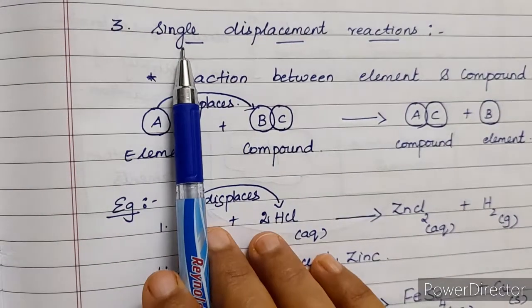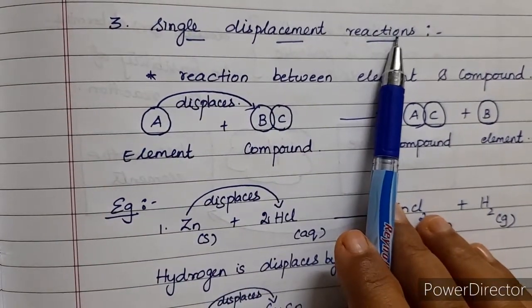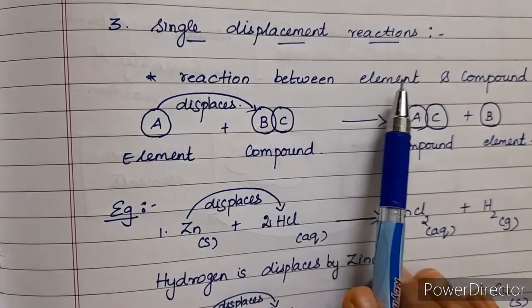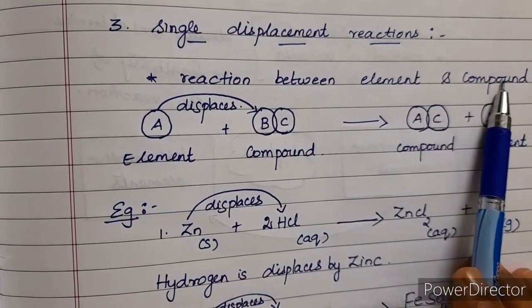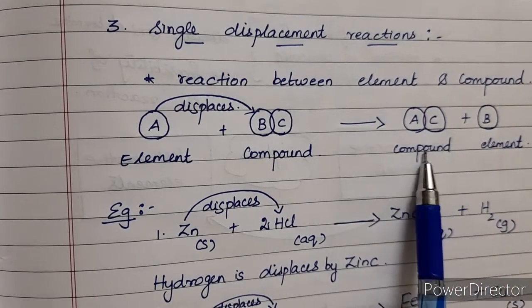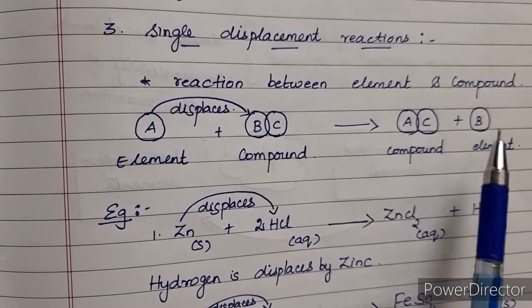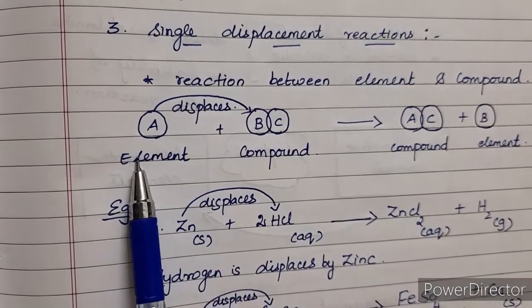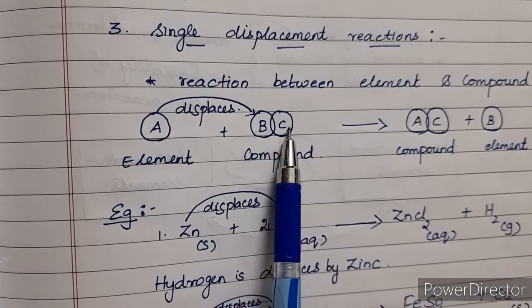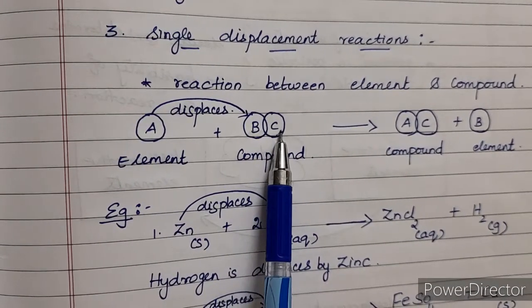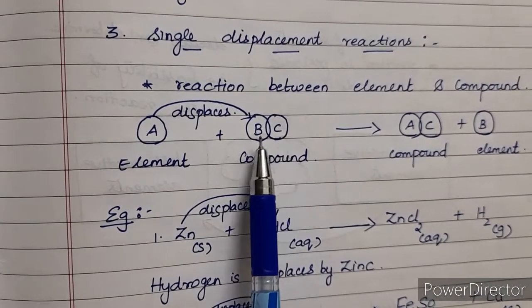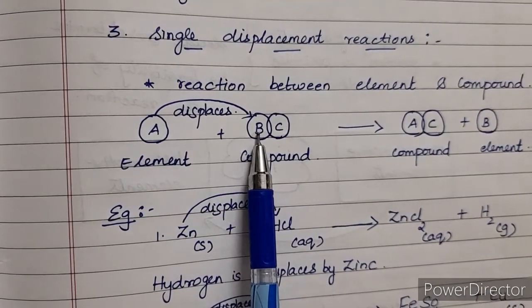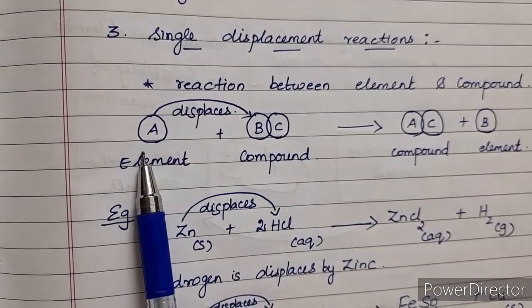Next one is the single displacement reaction. In a single displacement reaction, the reaction takes place between an element and a compound, and the product will be a compound and an element. Look into this example, children. Here A is an element that combines with the compound BC. Displacement means one of the elements in the compound is replaced by the element.